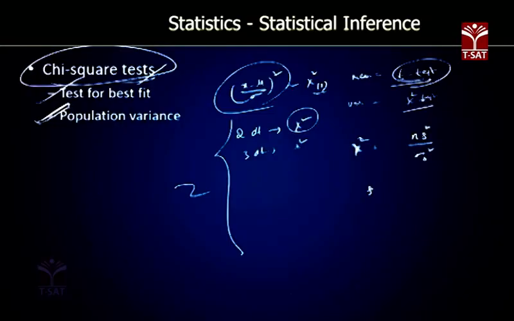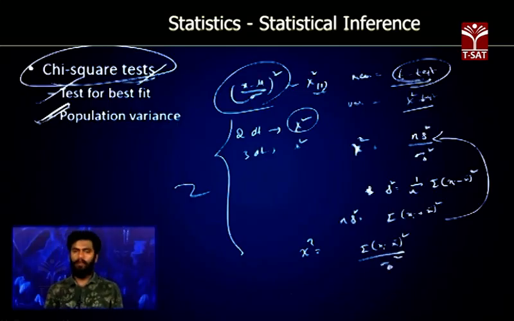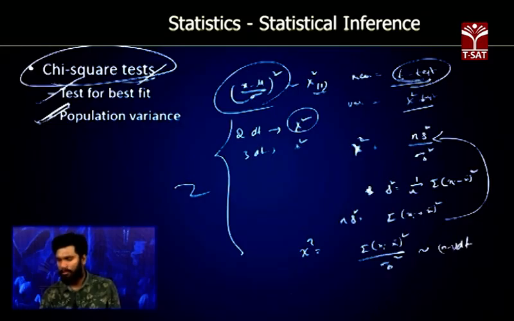Here small s square is 1 by n into summation xi minus x bar whole square, so n into small s square is equal to summation xi minus x bar whole square. We can substitute this here. Chi-square will be given as summation xi minus x bar whole square divided by sigma naught square. And this follows n-1 degrees of freedom, as we are not estimating any parameter.